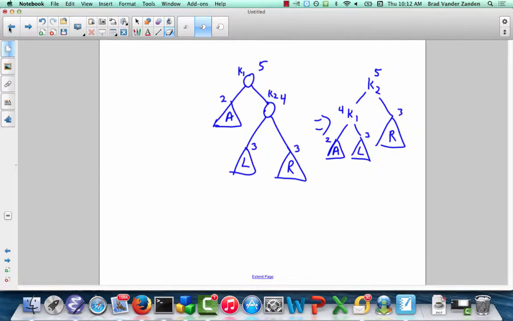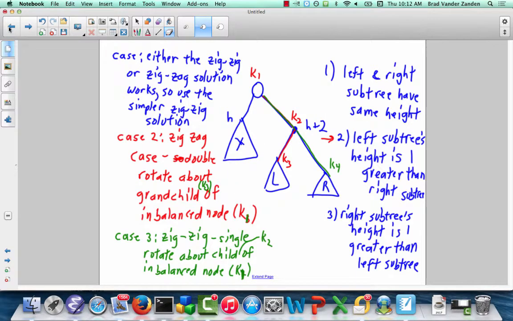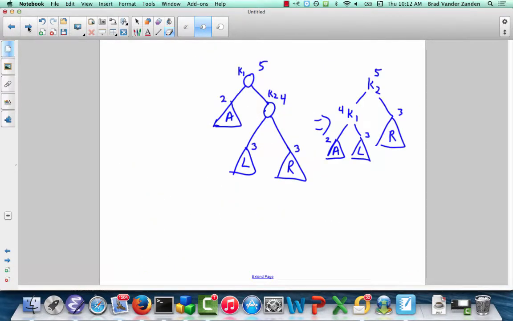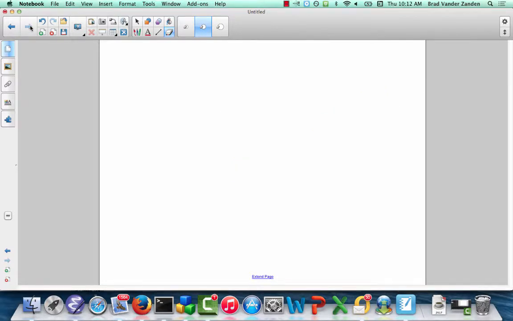Okay, now, when you're done with the rebalancing, it's not like an insert. You still may have some imbalance. Just because you manage to fix the first one, when you do a delete, it imbalances.